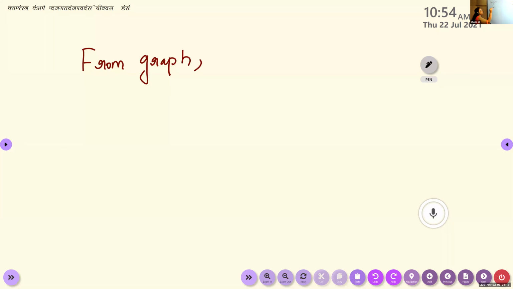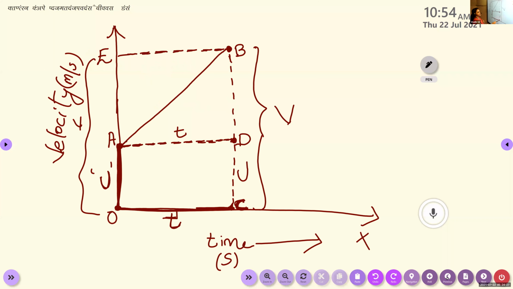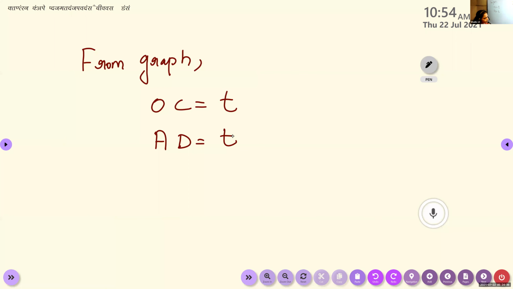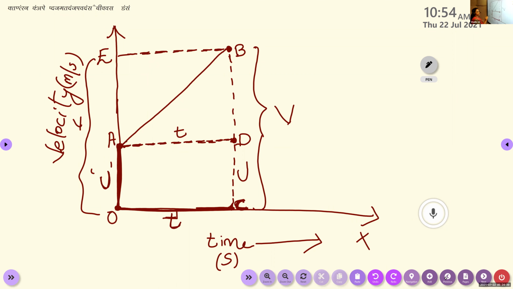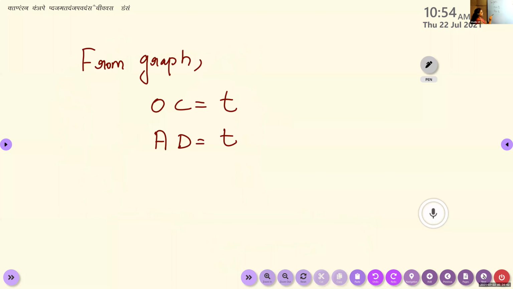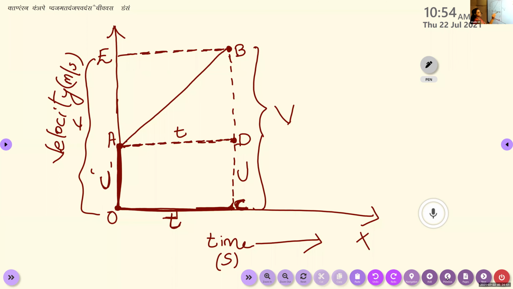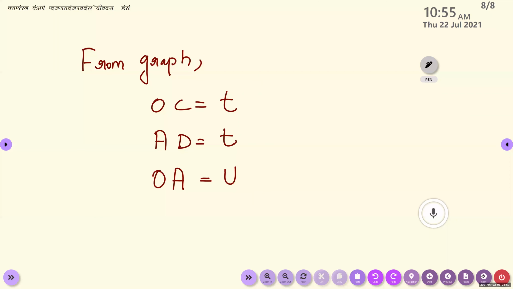All of you write: from the graph, OC is equal to T. Similarly, AD is equal to T. It is also again time, T. Similarly, OA is the initial velocity U. Then DC, or CD, also represents U.